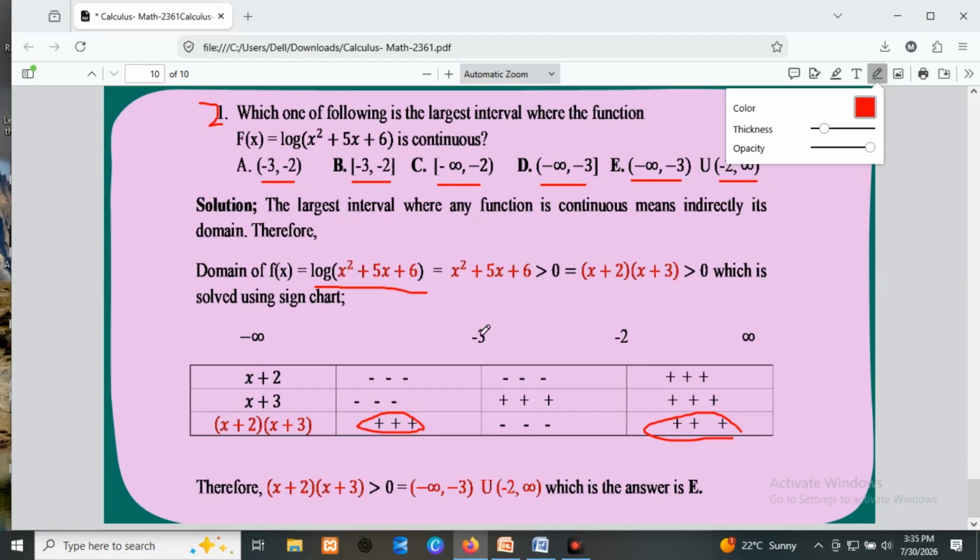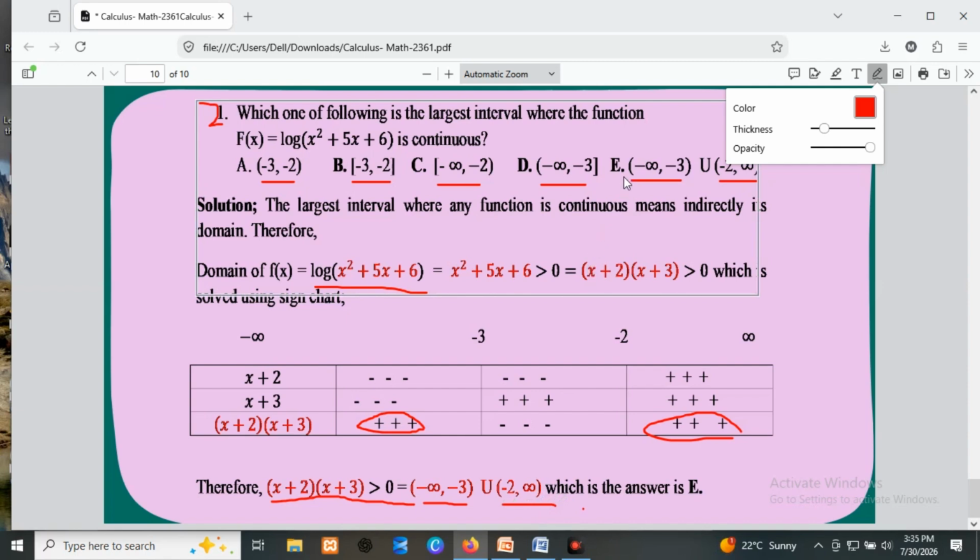Then minus infinity up to minus 3, and the other part is minus 2 up to positive infinity. Therefore, the largest interval where the given function is continuous is minus infinity up to minus 3, or minus 2 up to positive infinity. So our answer is E.